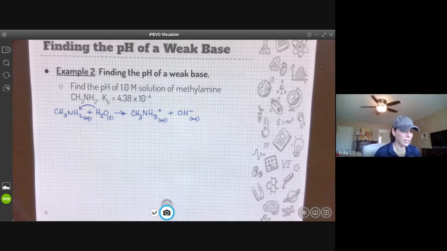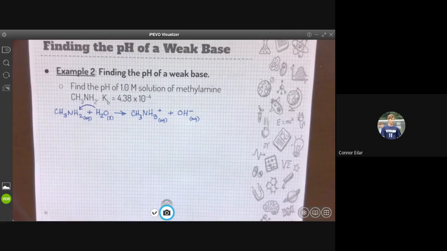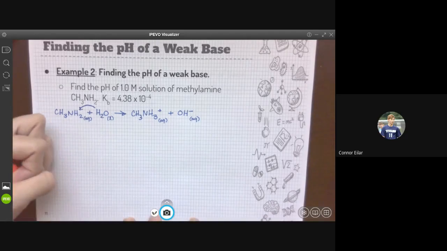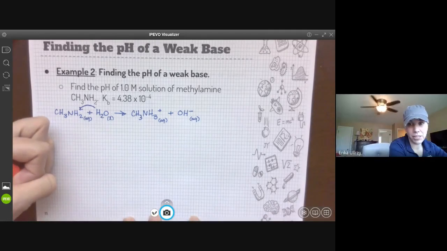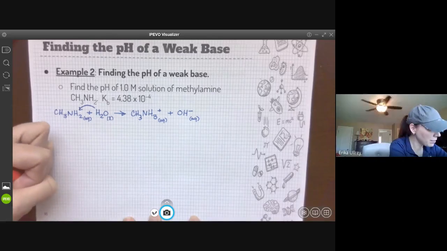I know I keep calling you on this, Connor, but I want to make sure you got it now. So what would be our equilibrium expression? It's Kb, and Kb is equal to what?